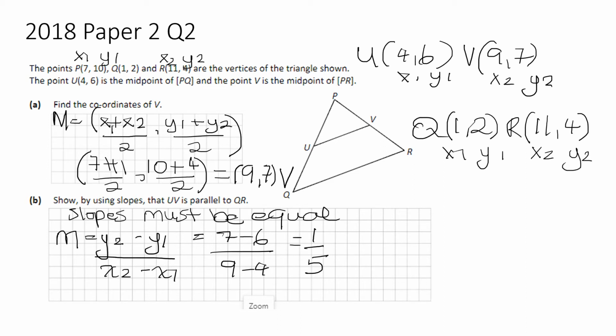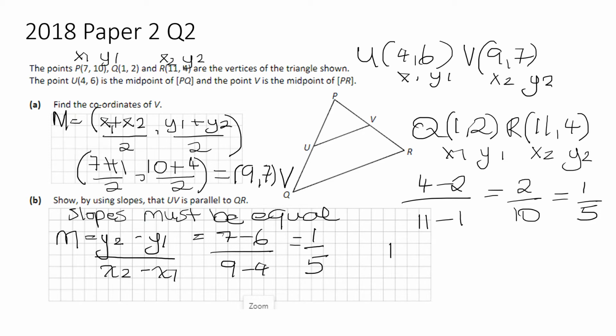What I can do now is do the same thing: 4 minus 2 over 11 minus 1. So that's 2 over 10, which is 1/5 as well.